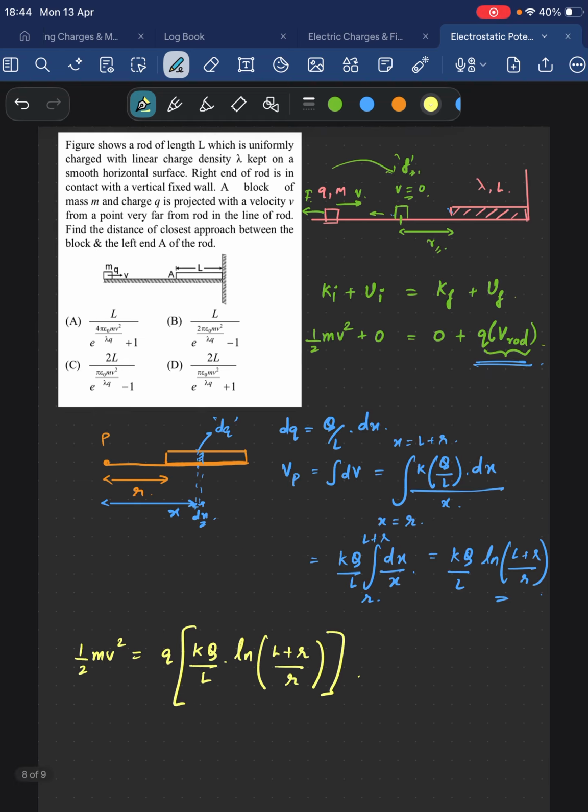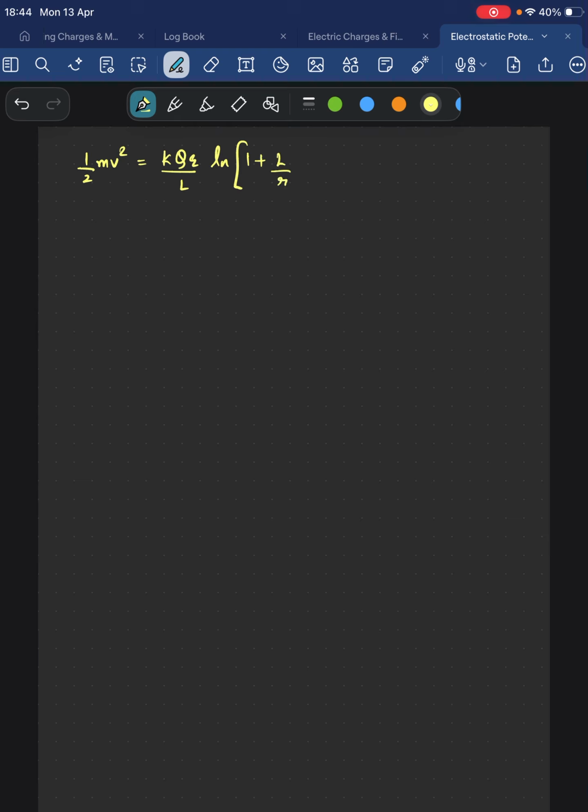So let's solve this equation right now. We have half mv squared is equal to kqQ by L into log of, let me write it this way, log of 1 plus L by R. Right, so our unknown is small r. Let me shift these terms to this side and the logarithm to this side.